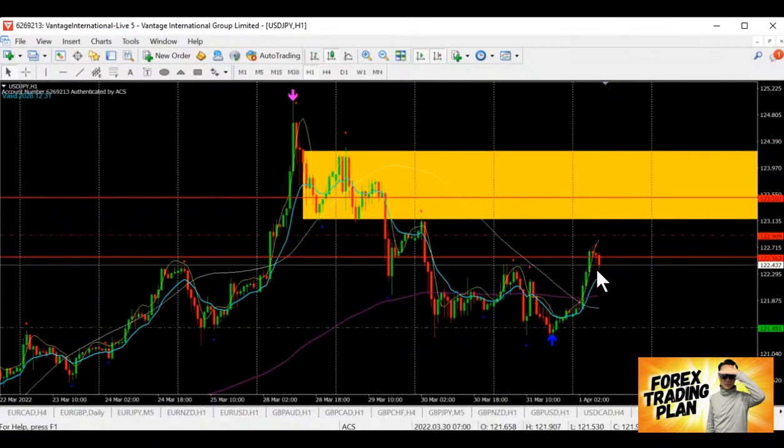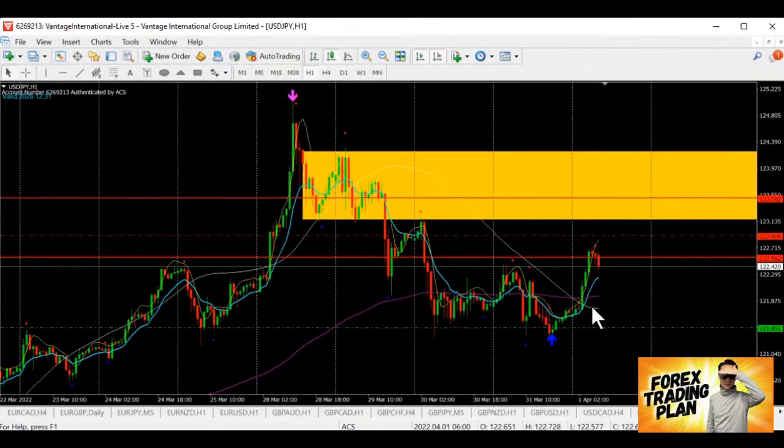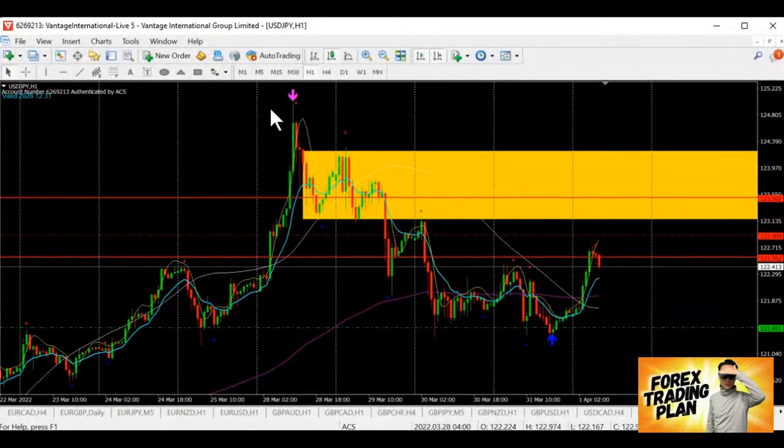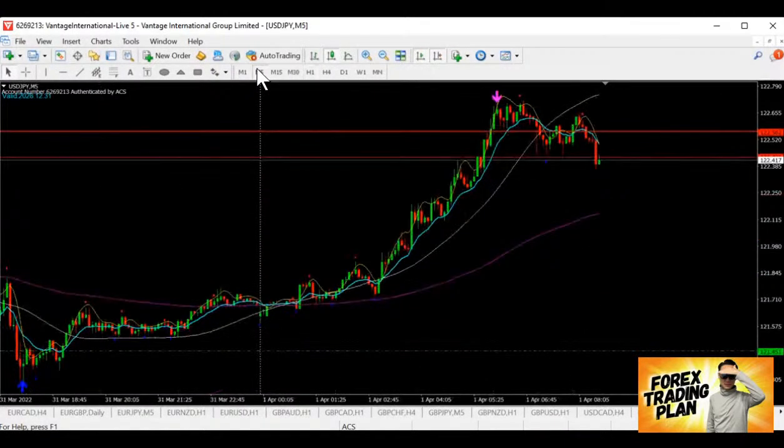But I would say that there's quite a good space to sell until here in this retracement, 70 pips. Wow, I think that's quite good. So right now, can we actually take a ride on this during the retracement? I would say probably yes.